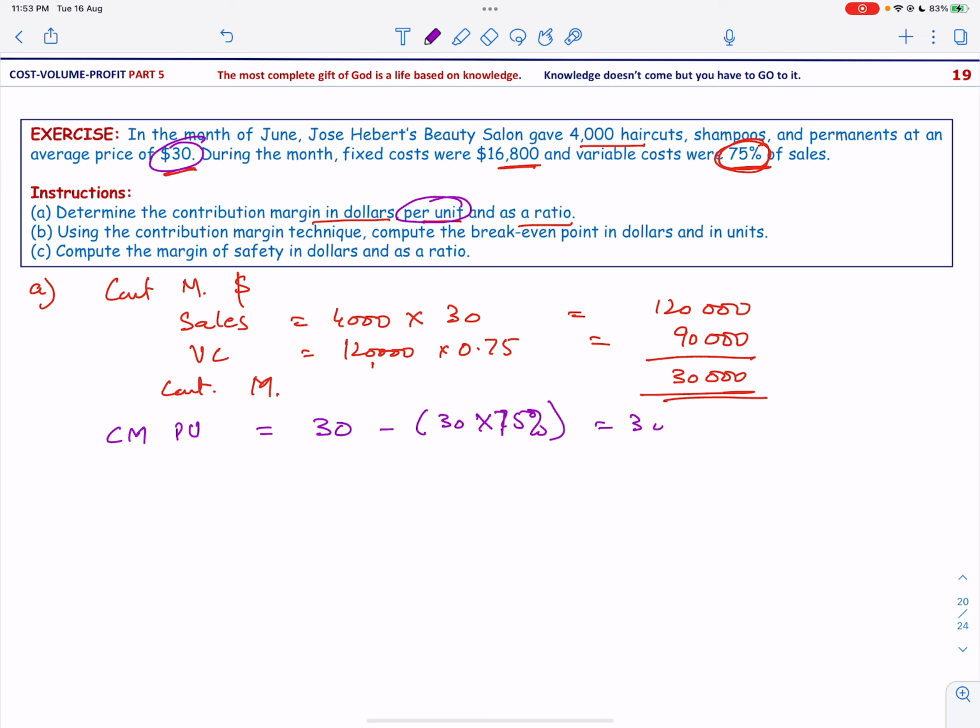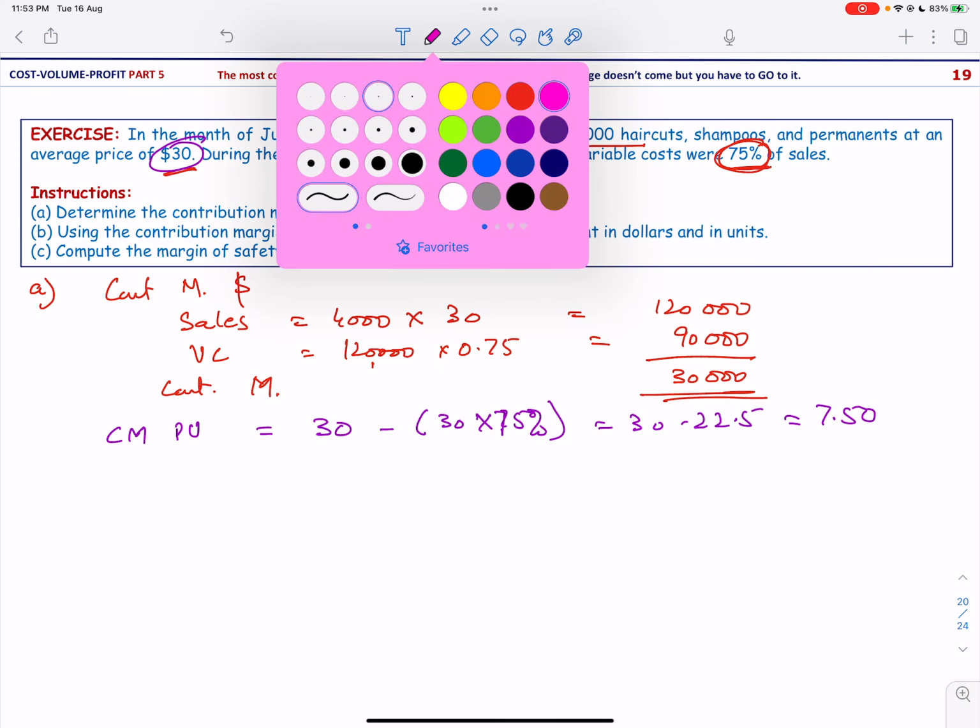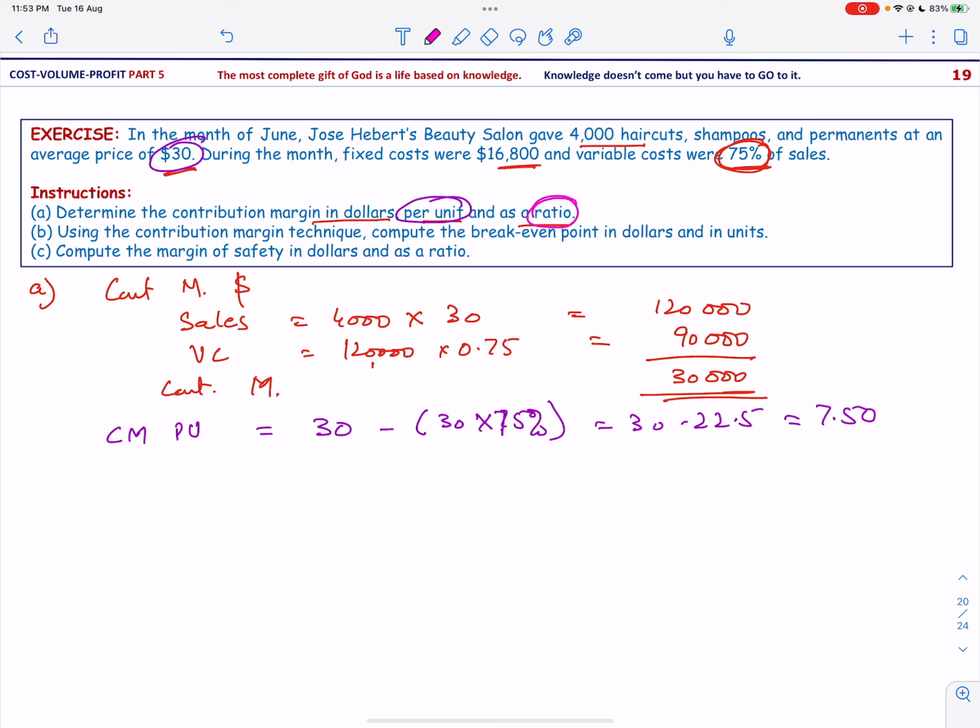So that is 30 minus 22.5, that gives us 7.5. Then they ask us to calculate the contribution margin ratio. So contribution margin ratio is the contribution margin per unit, 7.5, divided by sales, and the selling price is 30, so that is equal to 25%.